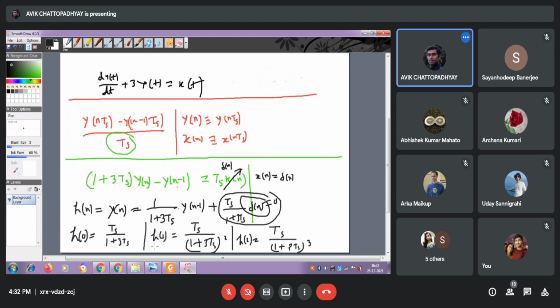Just note that when the argument is 0, the power is 1; argument 1, power 2; argument 2, power 3. So in general, h of k for any value of k would be Ts divided by 1 plus 3Ts whole to the power k plus 1. Up to this, is it okay?